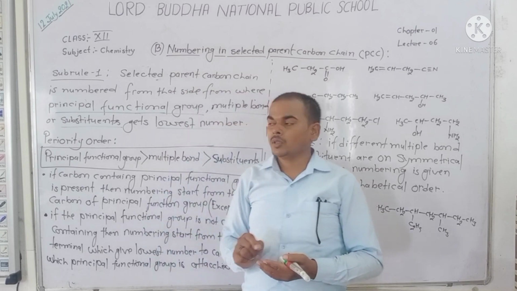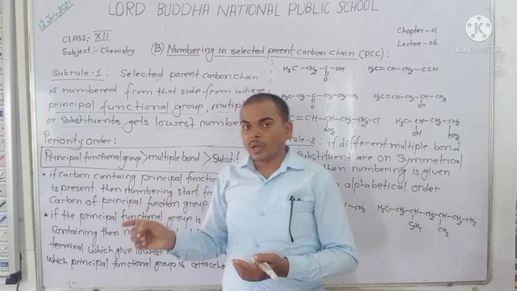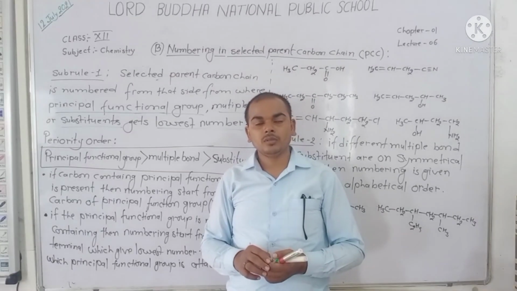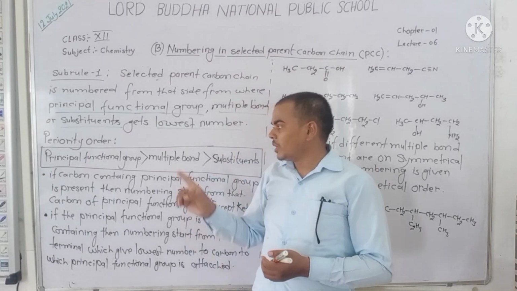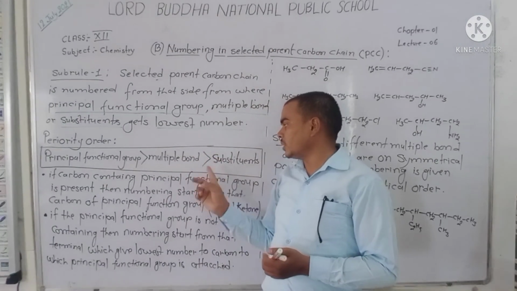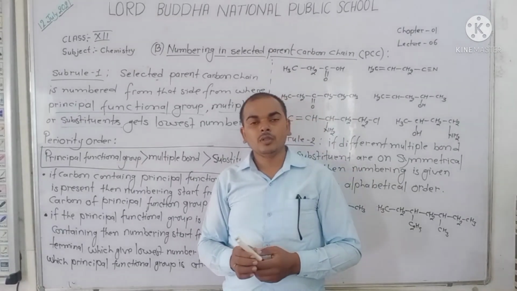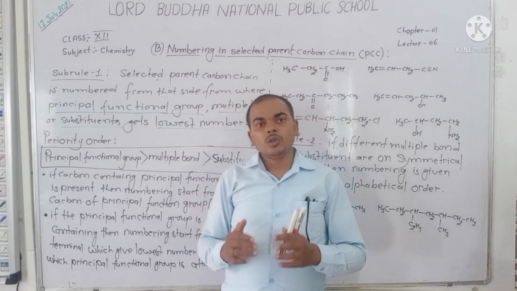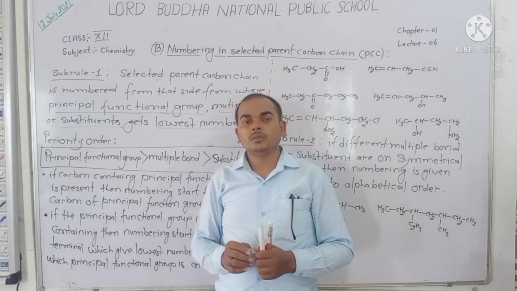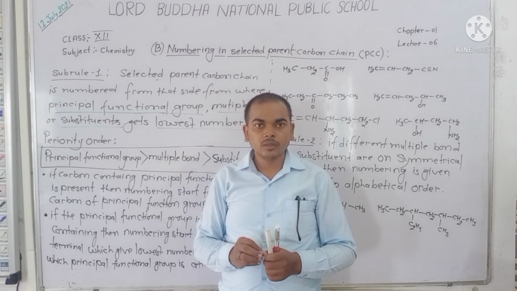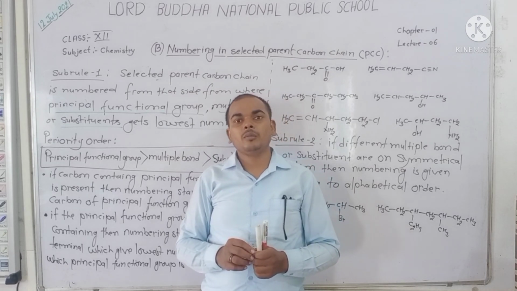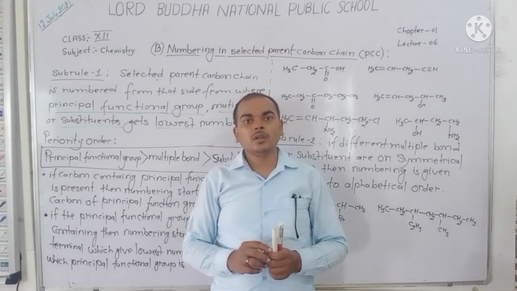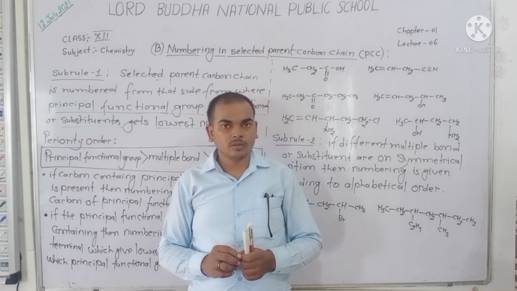But when multiple bond and substituents are present, you know that multiple bond has more priority than substituents. In these types of questions, you count the carbons in the selected parent carbon chain from where the multiple bond gets the lowest position.